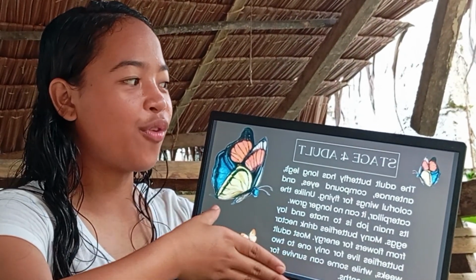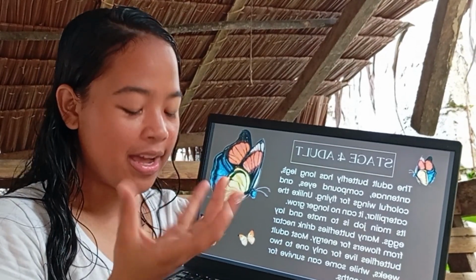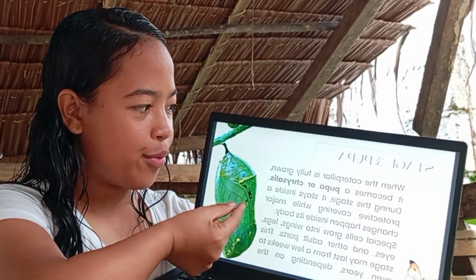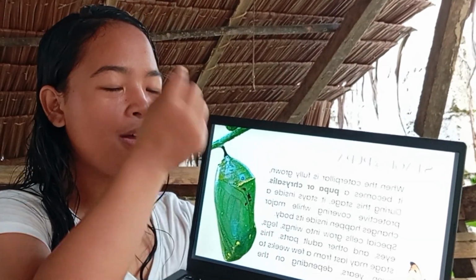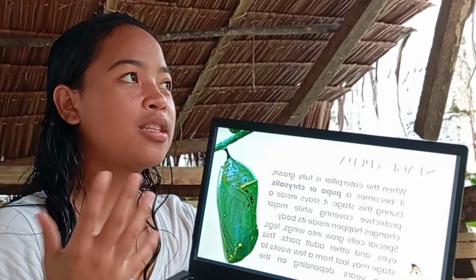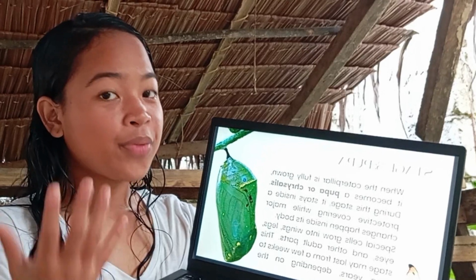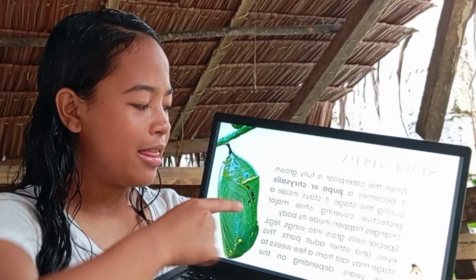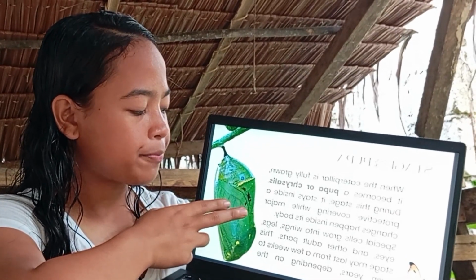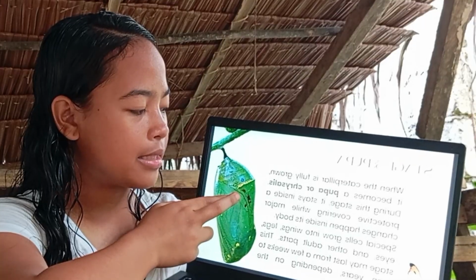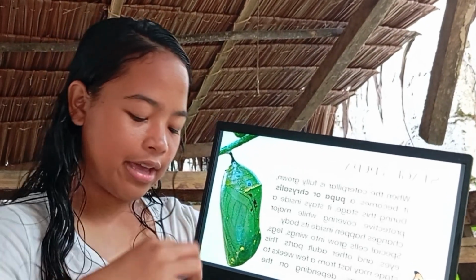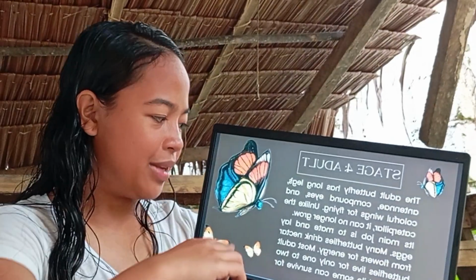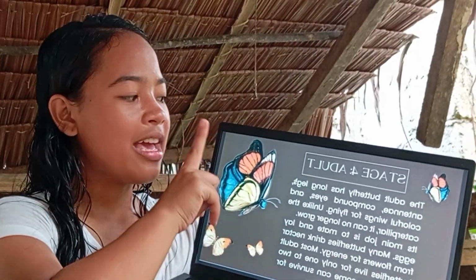So in stage 4, after the pupa, when the time comes that they can go out, when the transformation is completely formed, this pupa can be easily torn. When it tears, you will see the butterfly.